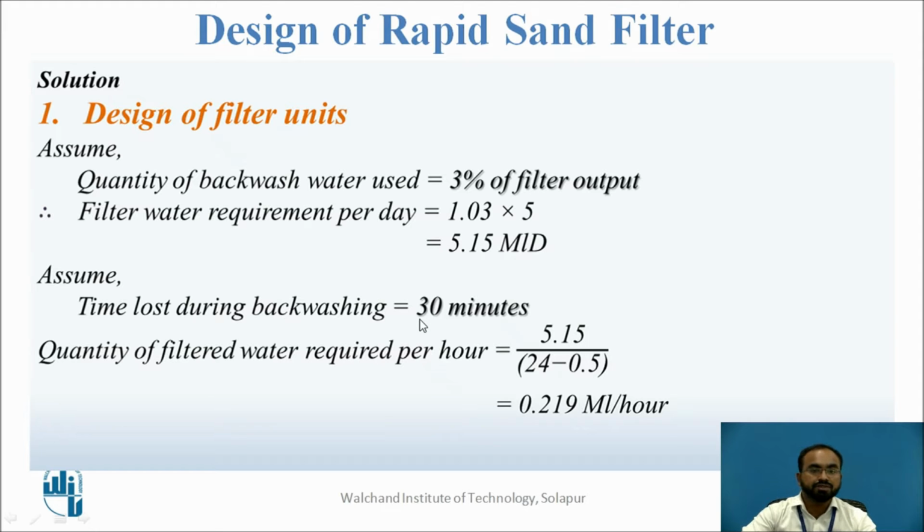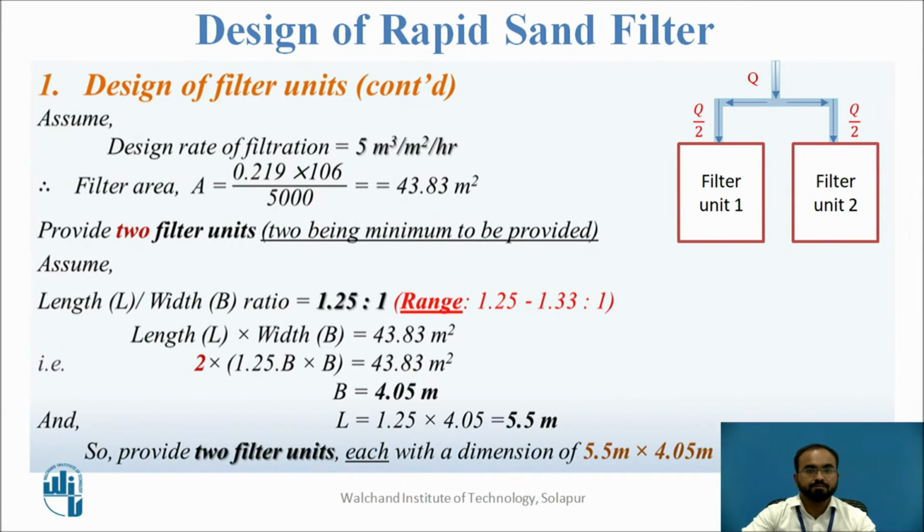So you have to reduce this time from the total time period of the day. The quantity of filtered water will be calculated as 5.15 divided by 24 minus 0.5, that is 30 minutes, which comes to about 0.219 million liters per day.